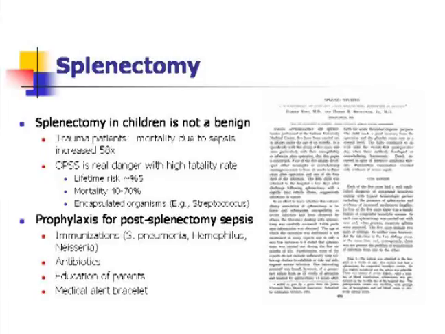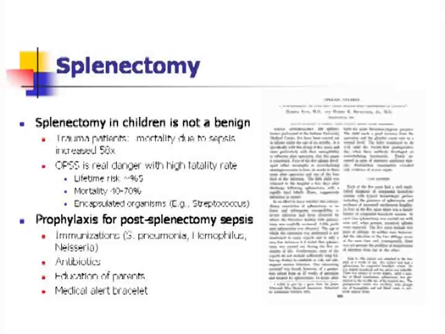Some of the numbers I keep in my head: a child who's had a splenectomy has a mortality due to sepsis about 58 times that of a normal population. Overwhelming post-splenectomy sepsis is a real danger with a high fatality rate. The lifetime risk is about 5%, which comes out to about 3.3 to 4% per year. But the mortality has been described as 50 to 70%.